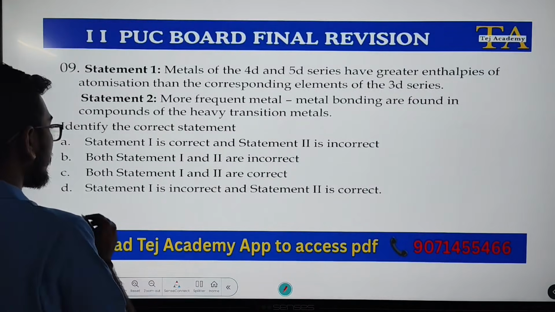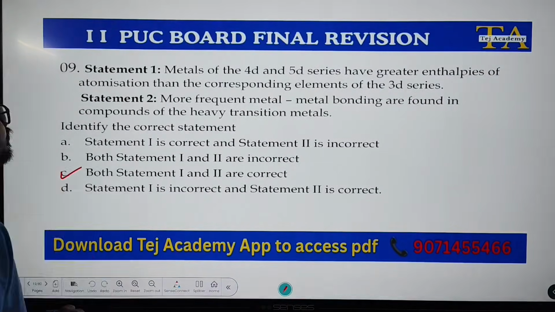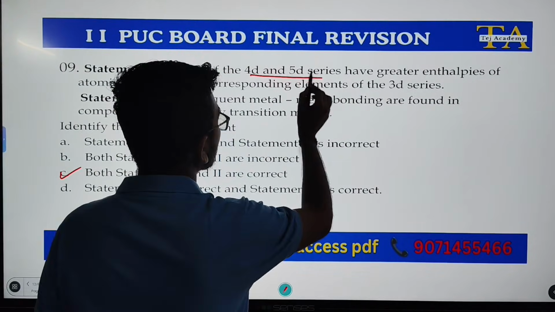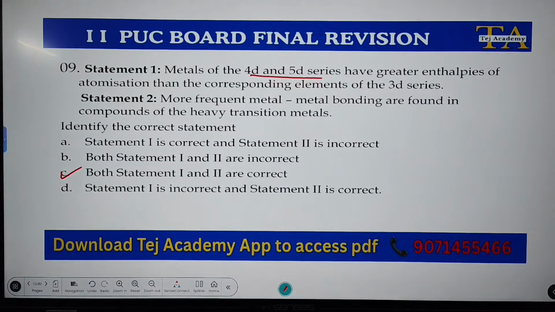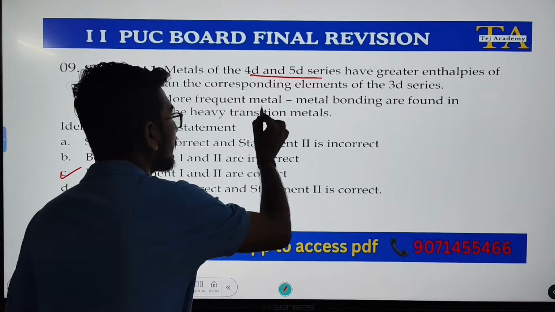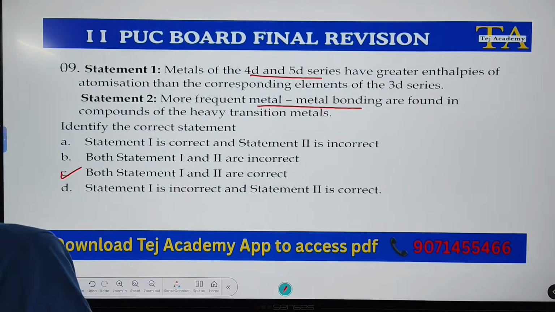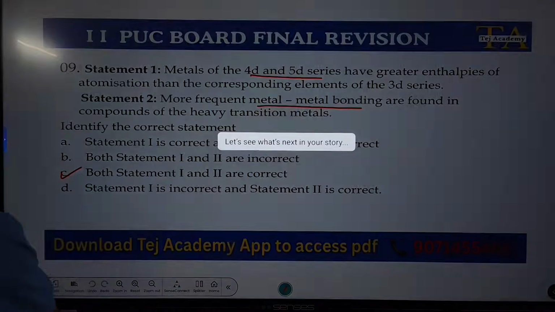So both statements are correct here. Metals of 4d and 5d series have greater enthalpy of atomization compared to 3d series. Why do they have greater enthalpy? Because of frequent metal-metal bonding. So option C is the right answer.